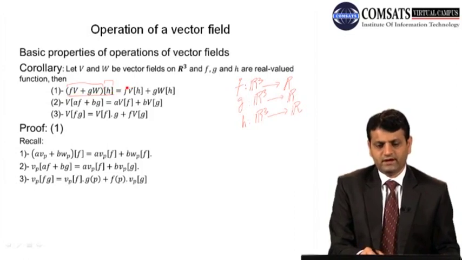Similarly, on the right hand side, v of h is the operation of a vector field on a function, and you are multiplying this function with the function f. And similarly, the operation of w on h, the real valued function, is again a function, and you are multiplying it with the function g.